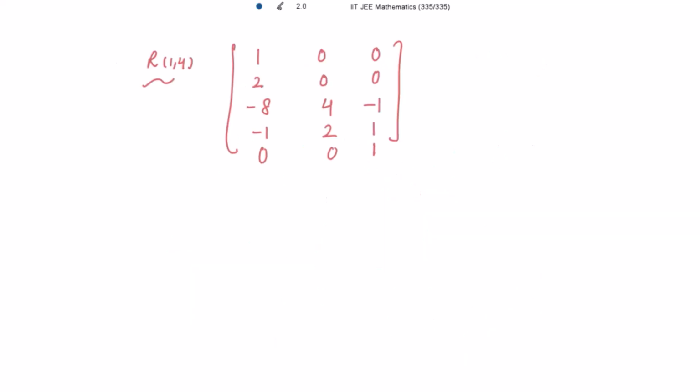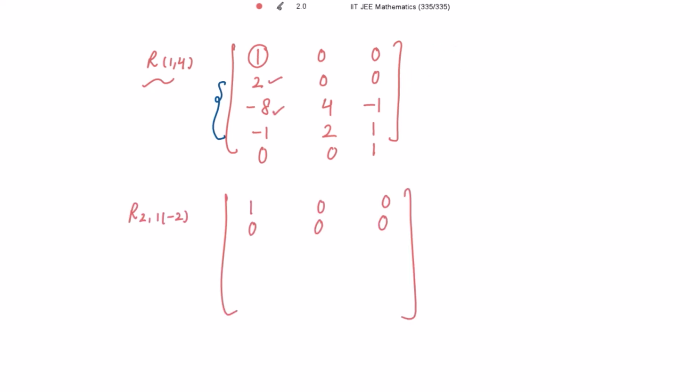Now in the next step, to get 0 in place of all these 3 entries, just multiply row 1 with -2 and add its elements to row 2, right? To get 0 in place of -8, again we multiply row 1 with 8 and add its elements to row 3.